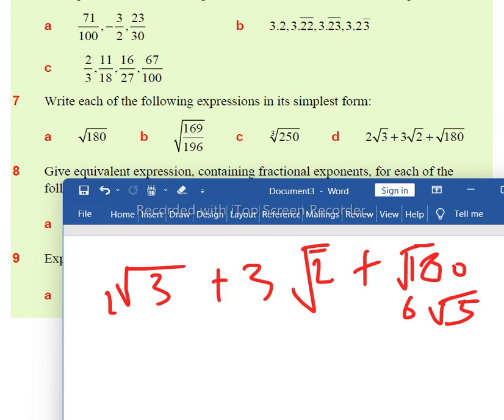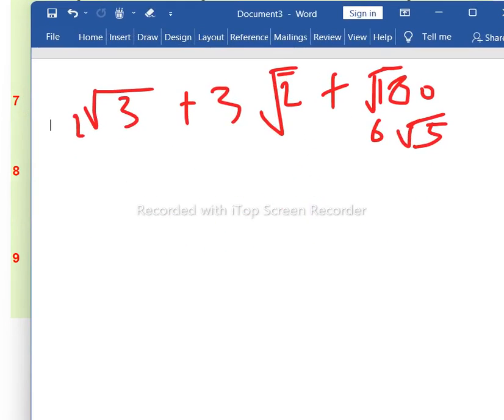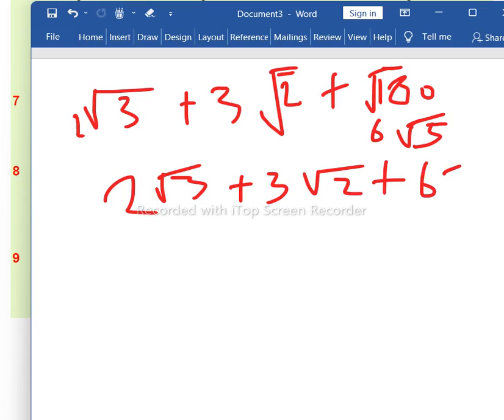So we can write this question as 2 square root of 3 plus 3 square root of 2 plus 6 square root of 5.